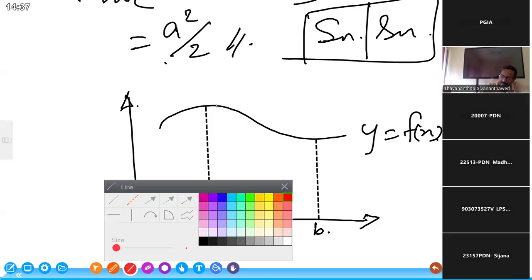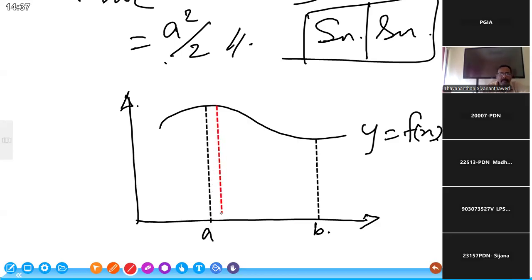Assume that these are small rectangles, even though they look very big. I make them into very small rectangles so that it's easy for us to get the value of each rectangle. Then we accumulate the values of each rectangle.